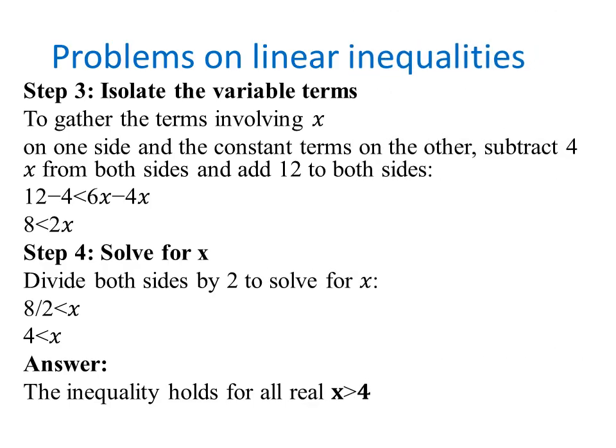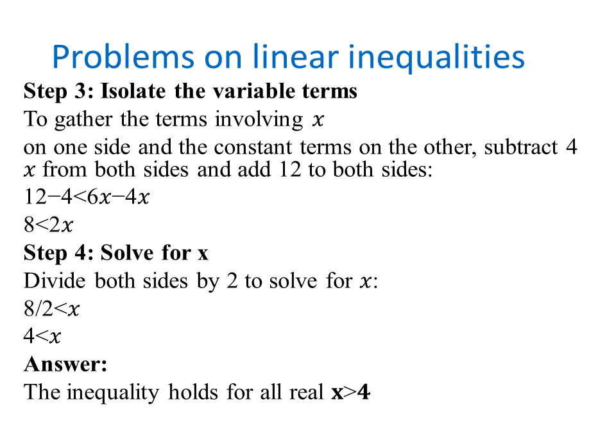In step 3, we isolate the variable terms, gathering all the terms involving x on one side and constant terms on the other. We subtract 4x from both sides and add 12 to both sides. We get 12 minus 4 is less than 6x minus 4x. That gives 8 is less than 2x.